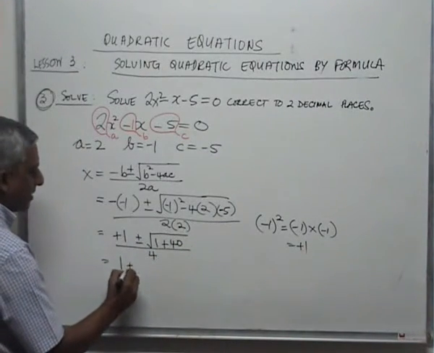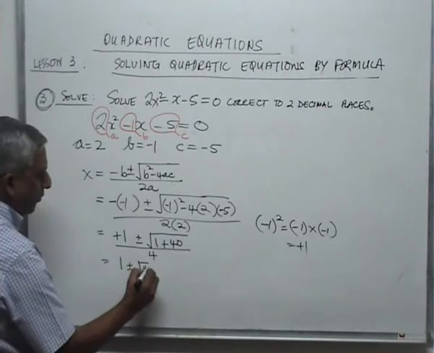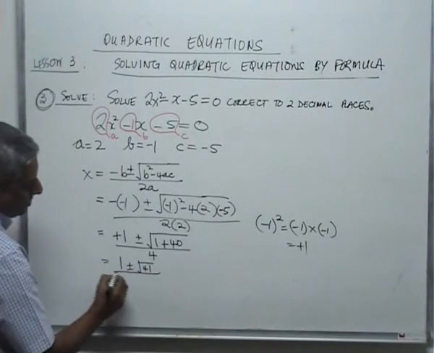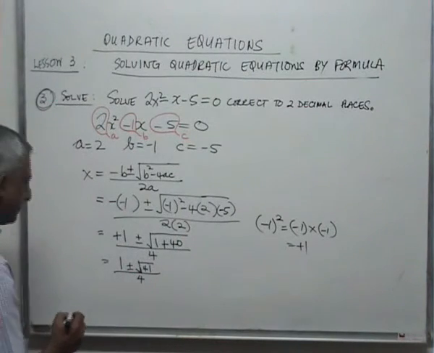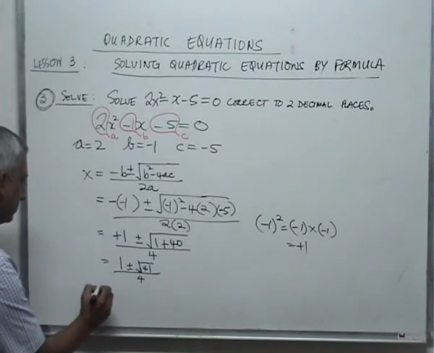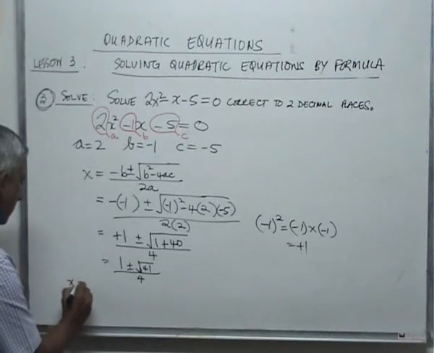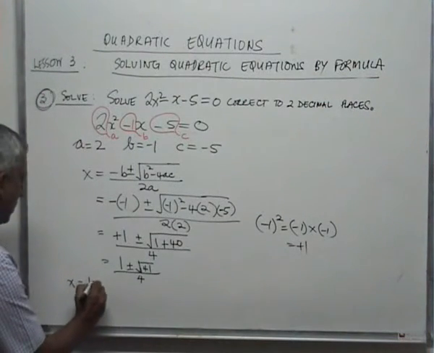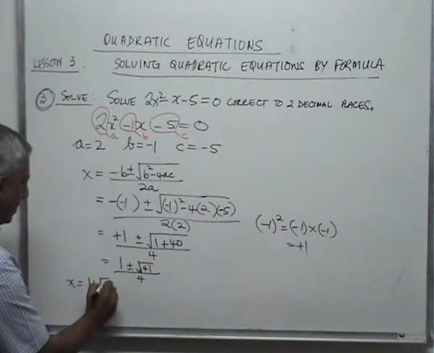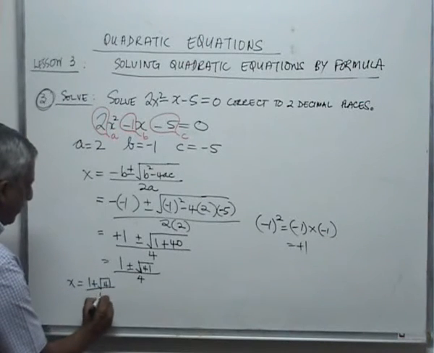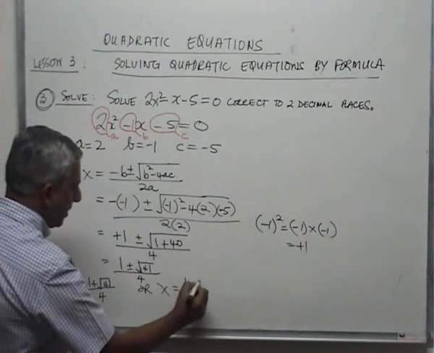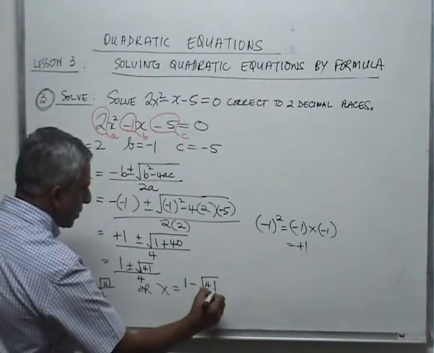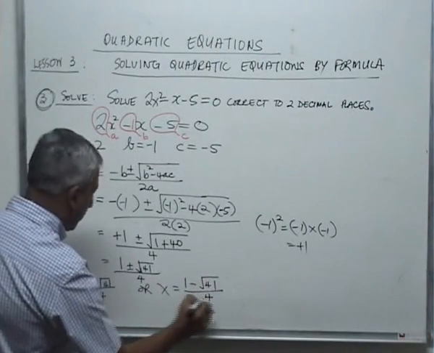That gives you 1 plus minus the square root of 41 all over 4. So x is equal to 1 plus the square root of 41 all over 4, or x is equal to 1 minus the square root of 41 all over 4.